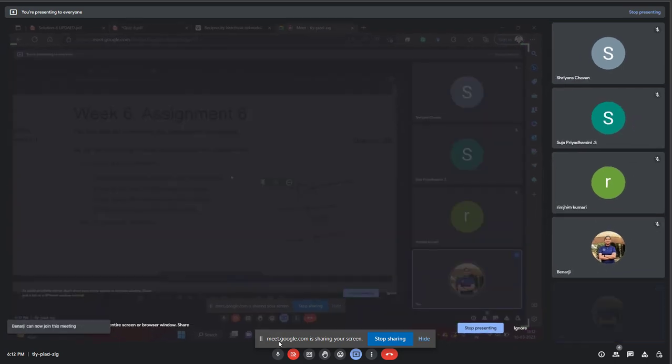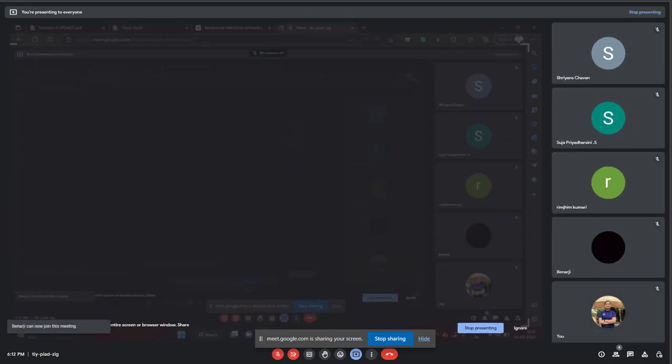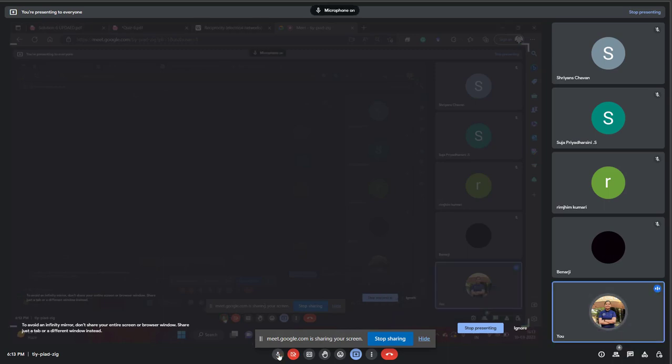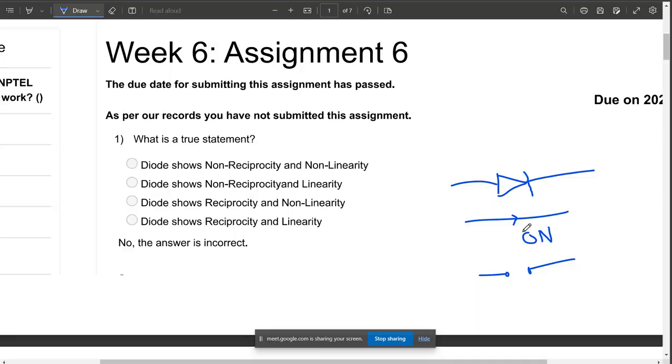So when it is forward biased, it acts like on, and when it is reverse biased, it acts like switched off, right? For a linear system, it should show linearity, whereas a diode does not show linearity at all.